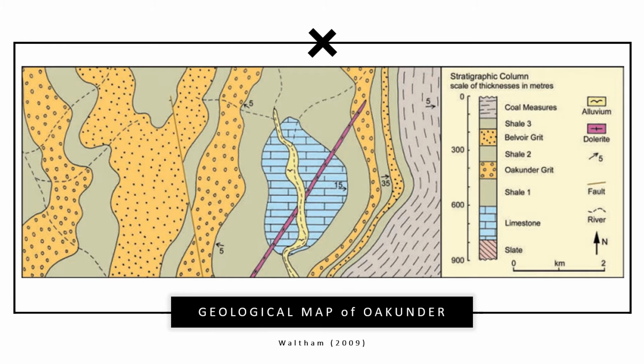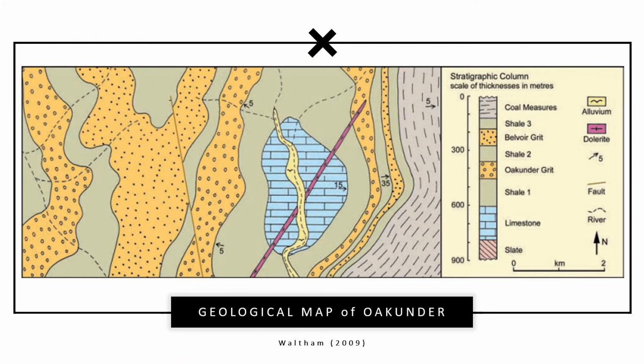After interpreting the stratigraphic column, we are going to proceed to the geological map interpretation. Remember, our first step is to identify the structural breaks that are present in our geological map.